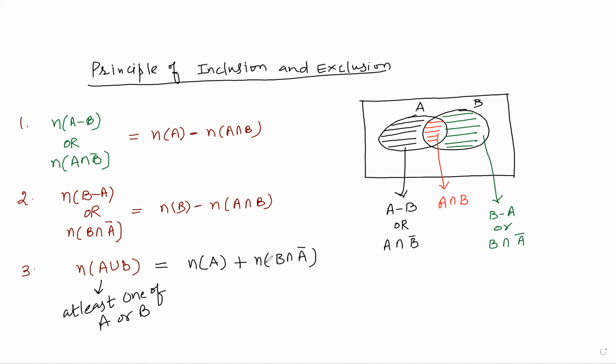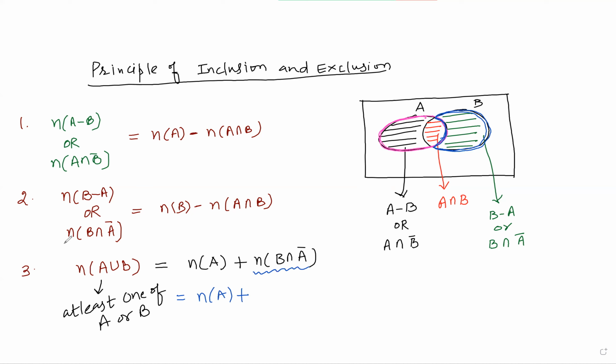Numbers in A means this portion, okay? This is numbers in A. And this numbers in A, when combined with this portion, this gives us numbers in A union B. So this further can be written as numbers in A plus numbers in B and not A, right?